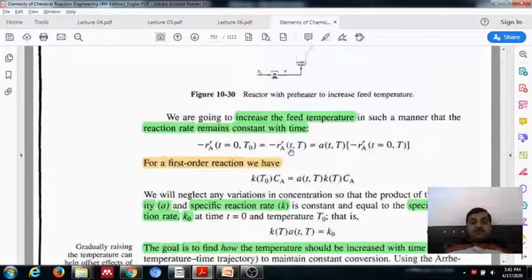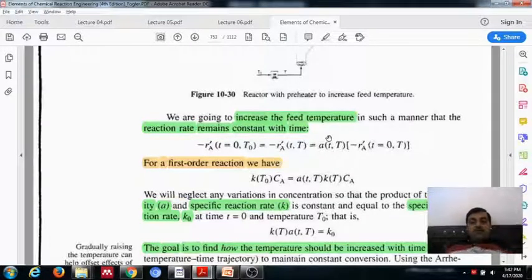Hope this is clear. This is rate at any instant of time and a higher temperature T. The actual rate at this temperature is reduced by this term, which is activity of a catalyst, which is okay.